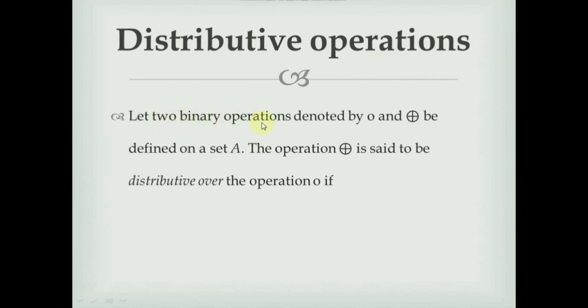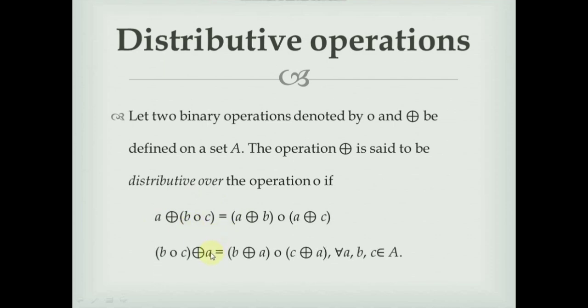Distributive operation. Let two binary operations denoted by dot and round plus be defined on a set A. The operation round plus is said to be distributive over the operation dot if A round plus (B dot C) is equal to (A round plus B) dot (A round plus C). That is, here we are able to distribute the operation outside the bracket over each element inside the bracket separately, and after that we apply the operation inside the bracket to these two brackets.